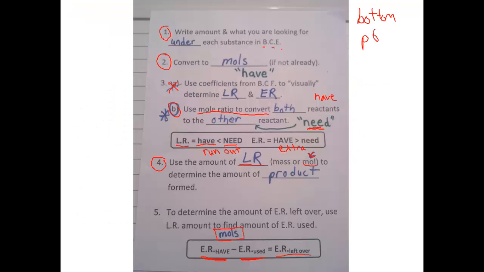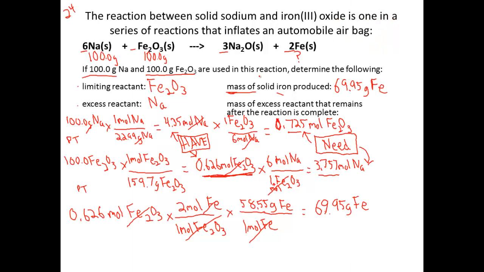To do that part, determine the amount of excess reactant left over. We're going to use the amount of what we have minus what we used or needed is going to be what's left over. So we had 4.35 moles of sodium. For this reaction to work, 3.75 moles of sodium were used.